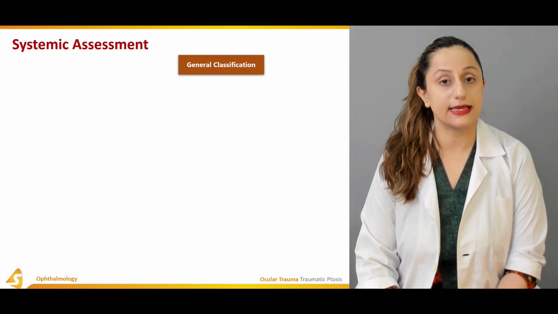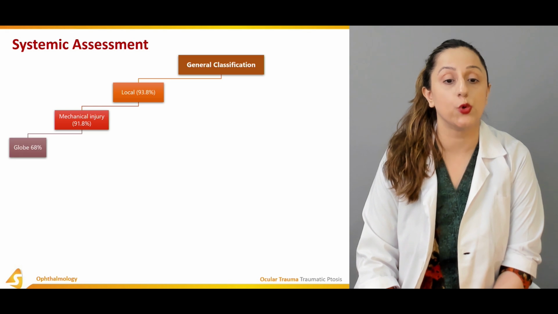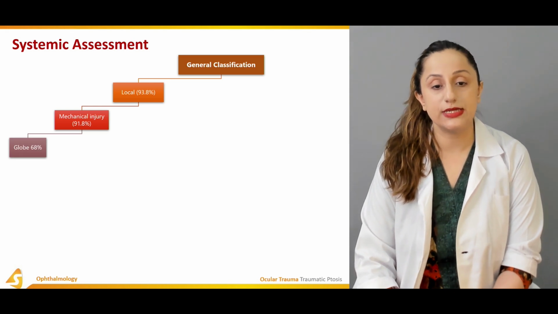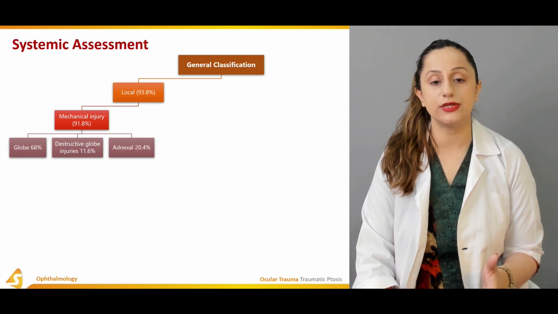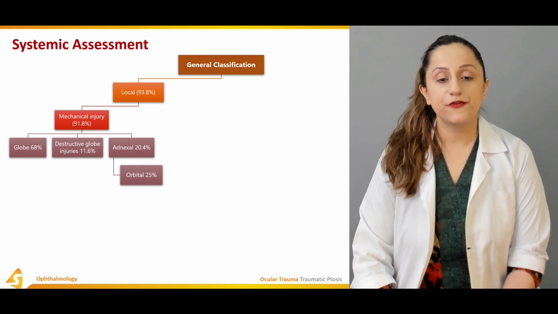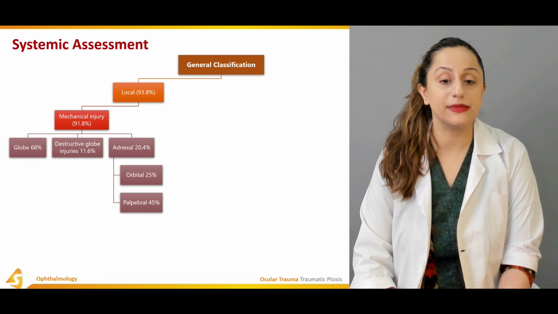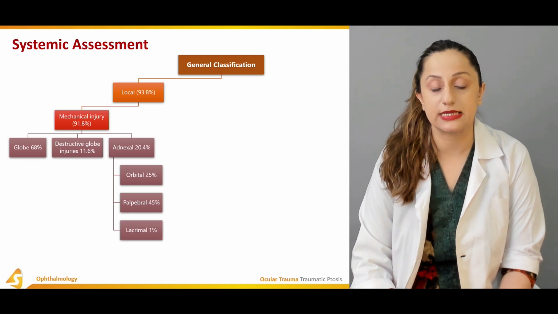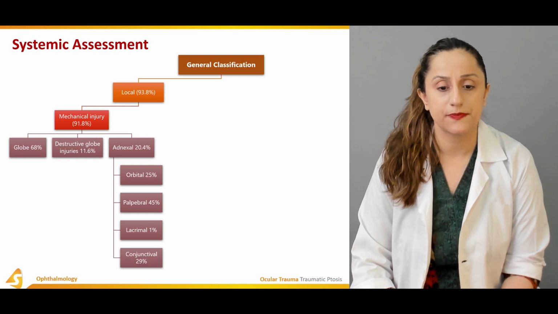The systemic assessment would include the general classification, which divides injuries into local mechanical injuries involving the globes, destructive globe injuries, and then adnexal injuries involving the tissue. If it's the tissue, it can be the orbit in 25% of the cases, the lids in 45% of the cases, and the lacrimal apparatus in almost 1% of the cases.